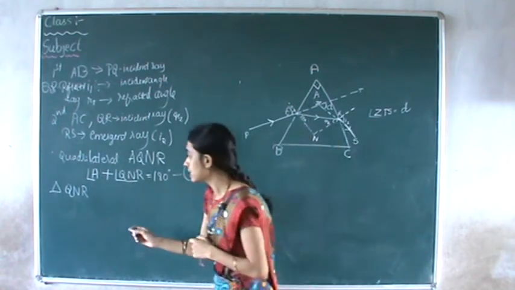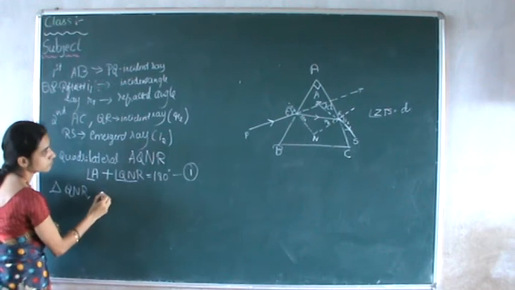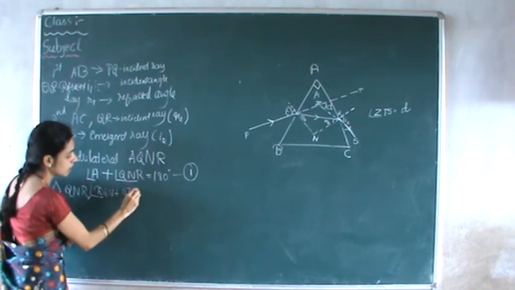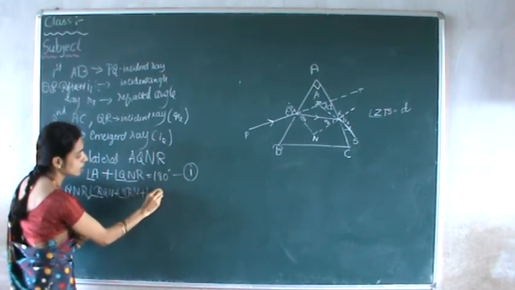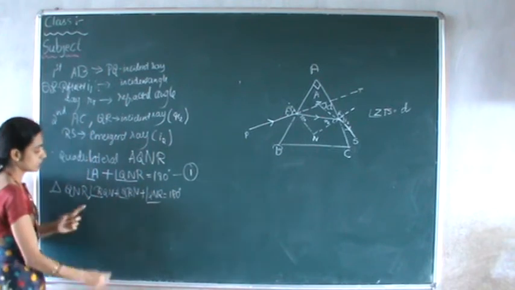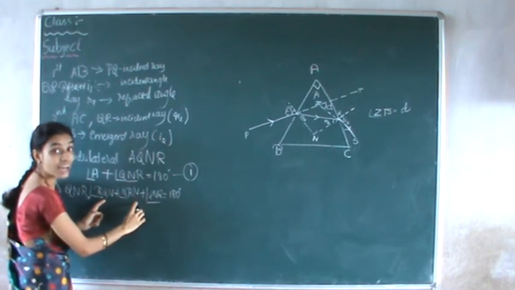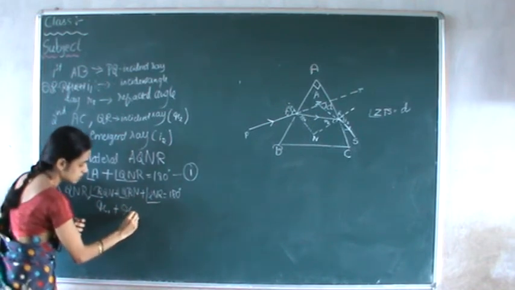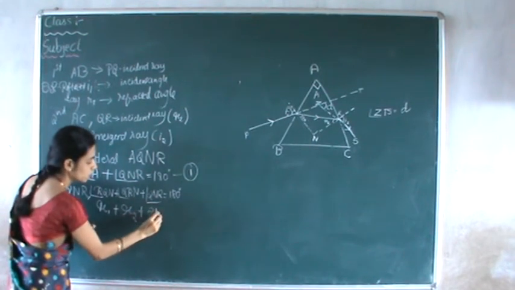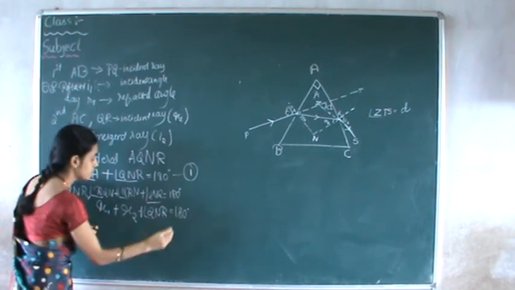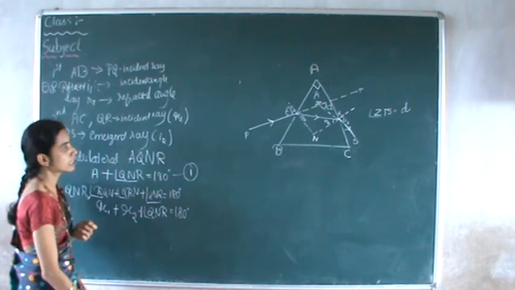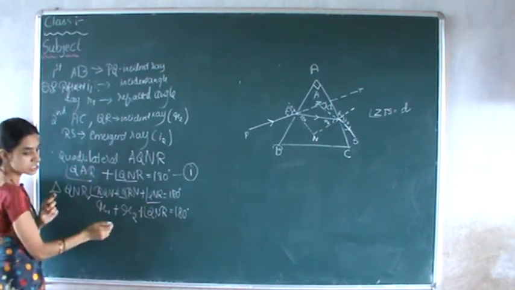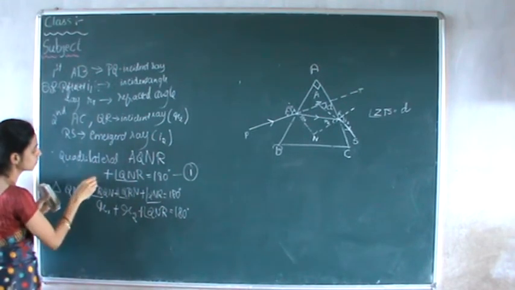Substituting the values of angle RQN and QRN, we get R1 plus R2 plus QNR equal to 180 degrees. The value of angle QAR is simply A.